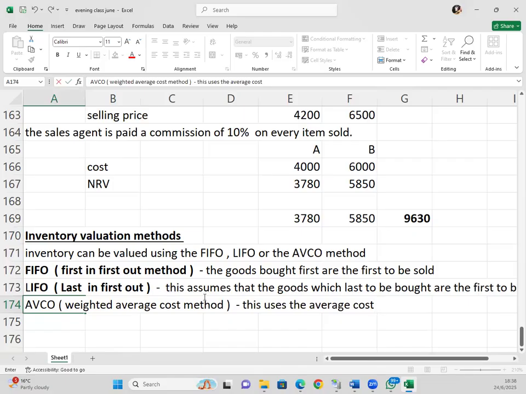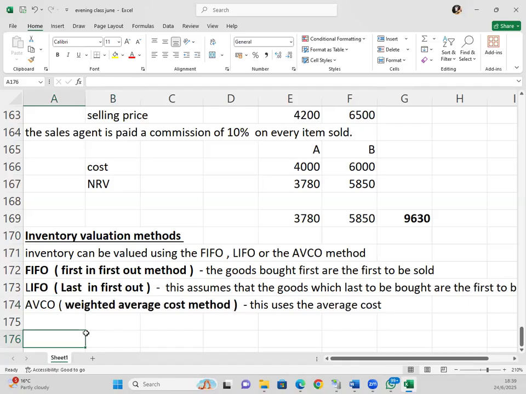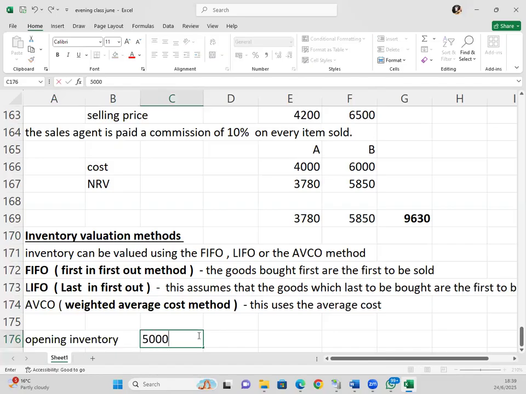Okay, so let's have an example. You started with your opening inventory of 500 units, and you had bought each unit at $5 each.